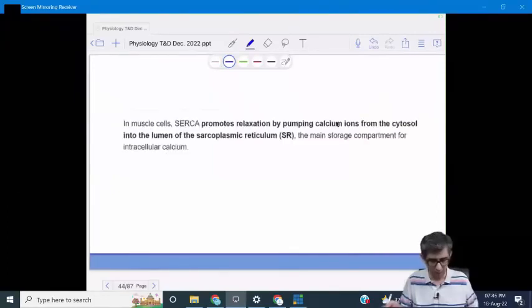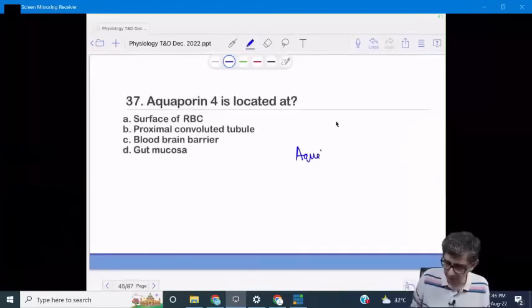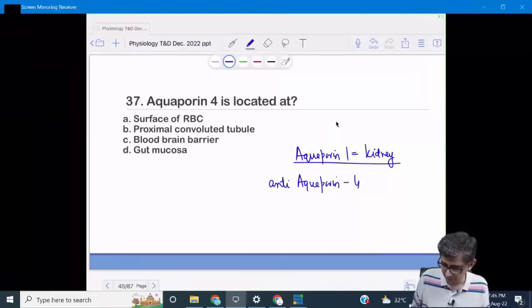Moving to 37. Aquaporin 4 would be located at which of the following areas? Because aquaporin 1 is what we study with respect to the kidney. But aquaporin 4 would be present with respect to the blood-brain barrier. डिजीज का नाम बता दो मुझे जिसमें एंटी एक्वापोरिन 4 एंटीबॉडी मिलती है.